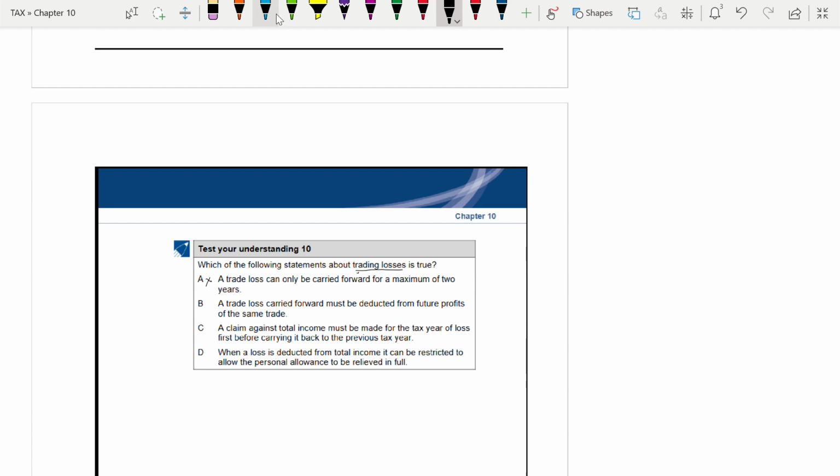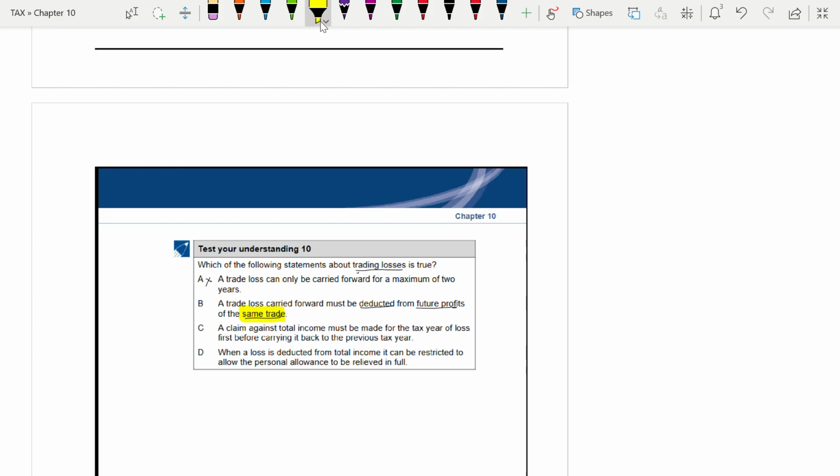A trading loss carried forward must be deducted from the future profits of the same trade. This is very important. The moment you see this, hold the answer before you put a tick mark. A claim against total income must be made for the tax year of loss before carrying it back.